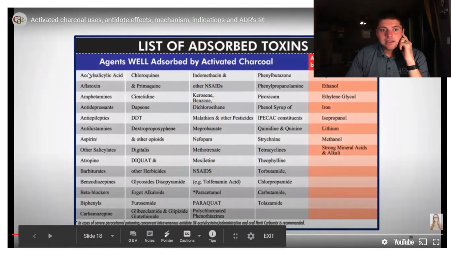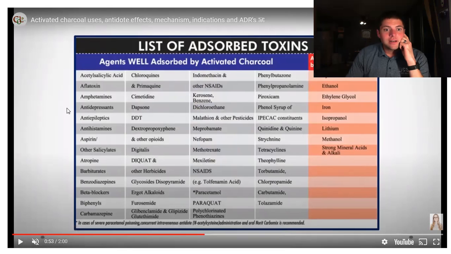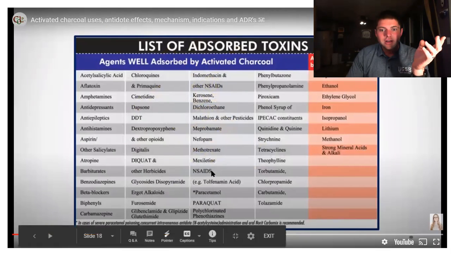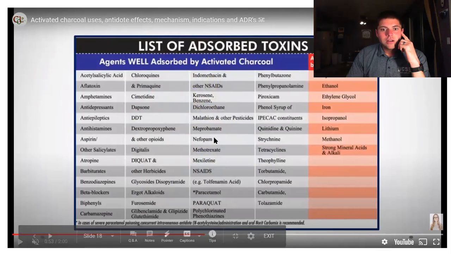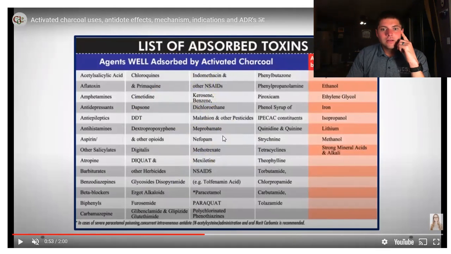Acetylsalicylic acid, aspirin, amphetamines, antidepressants, antihistamines, atropine, barbiturates, benzodiazepines, digitalis, which is digoxin, furosemide, NSAIDs, non-steroidal anti-inflammatories like ibuprofen, Tylenol, just tons and tons of things. It works on more things than it doesn't.